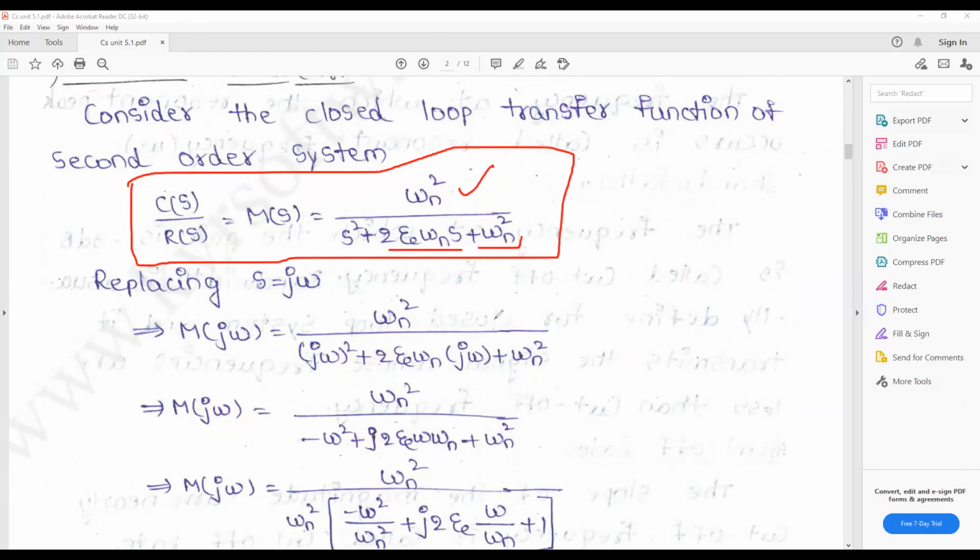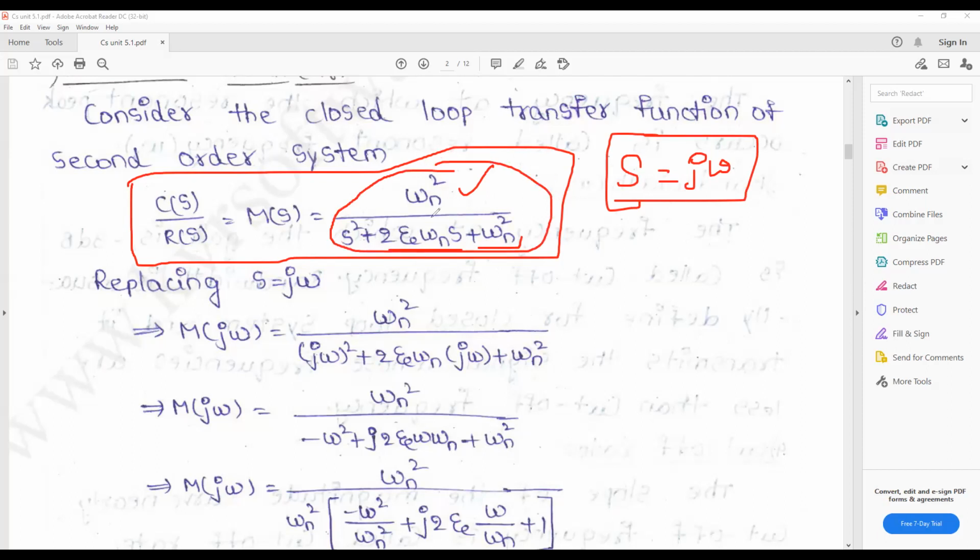Okay, so you are finding the frequency response. The frequency response means put S is equal to j omega. So in the S domain equation, S is replaced by j omega in this transfer function.